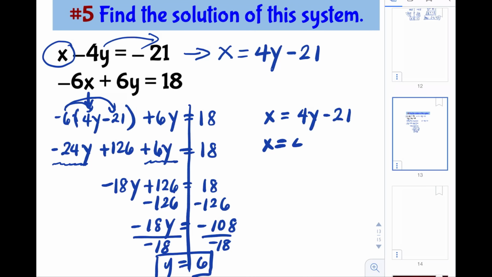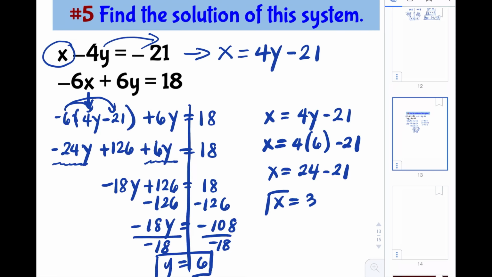So solving for x, we have 4 multiplied by y, which is 6, minus 21. So x is equal to 24 minus 21, and our x value is 3. So this system of equations will also meet at point 3, 6.